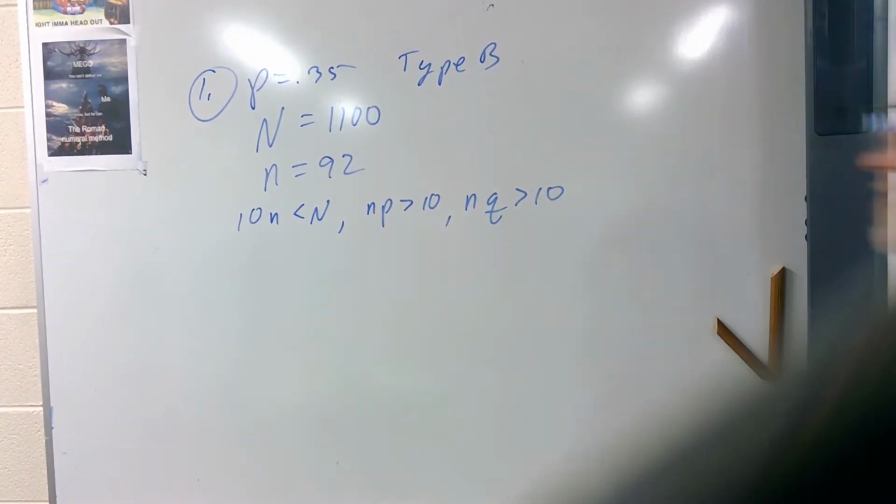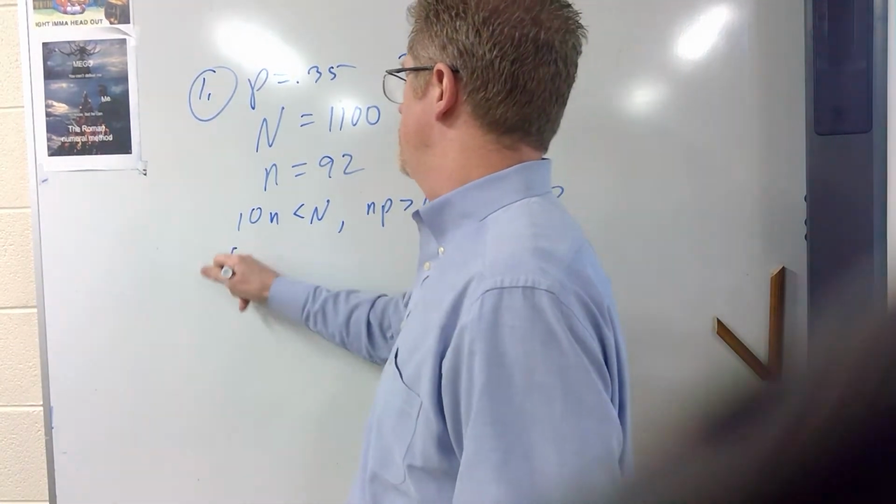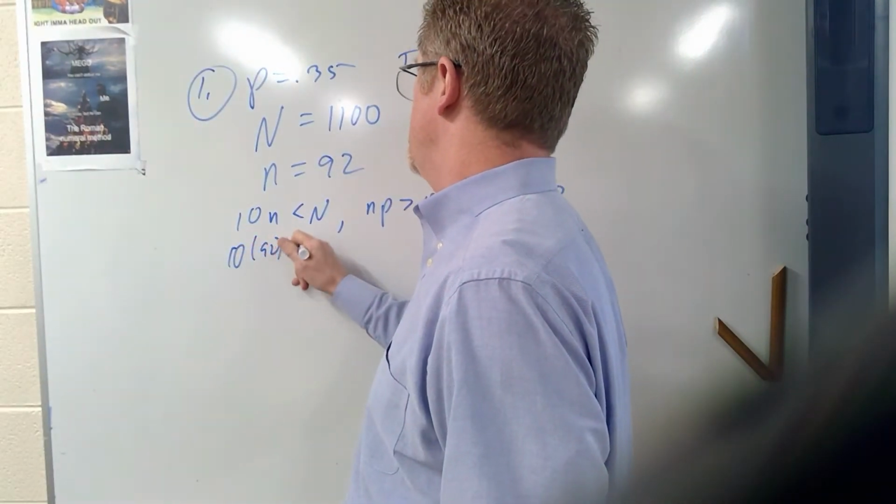So for the 10% condition, what you should be checking here is 10 times 92 has got to be less than 1,100.